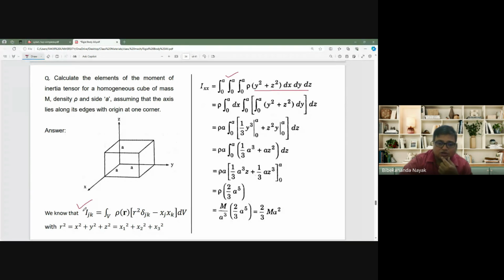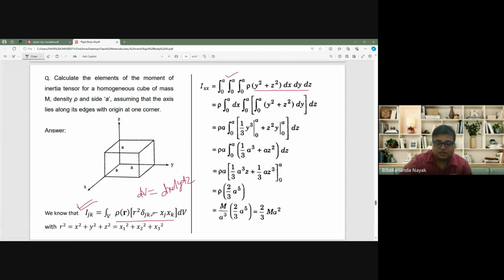Calculate the moment of inertia. We know the moment of inertia formula; only here it is given that it is a cube. So the volume element means dx dy dz, where x varies from 0 to a, y from 0 to a, and z from 0 to a.